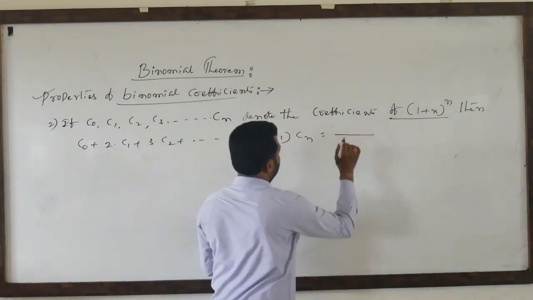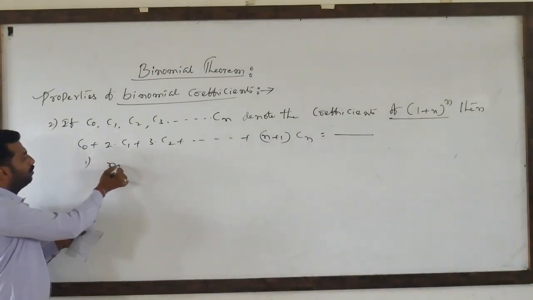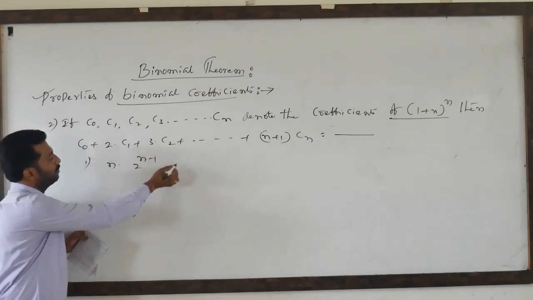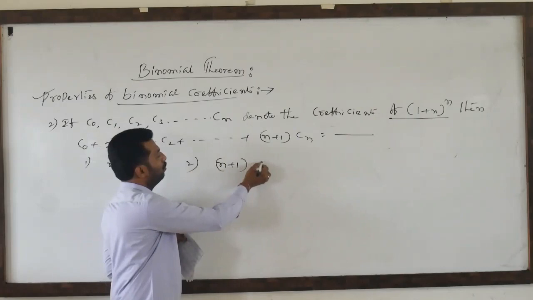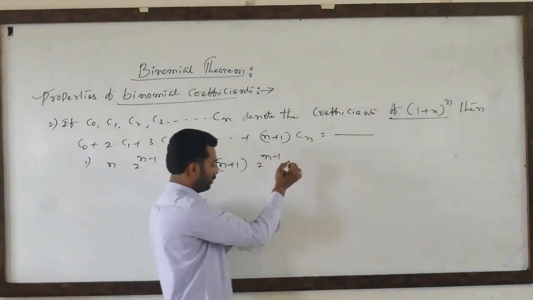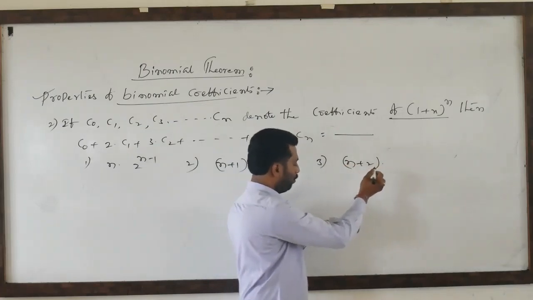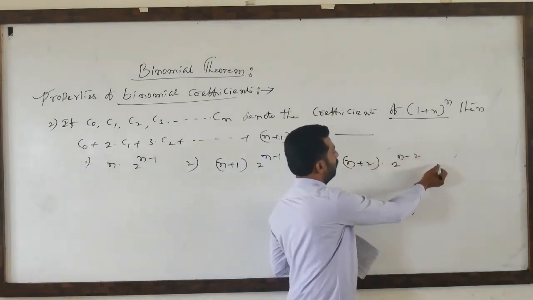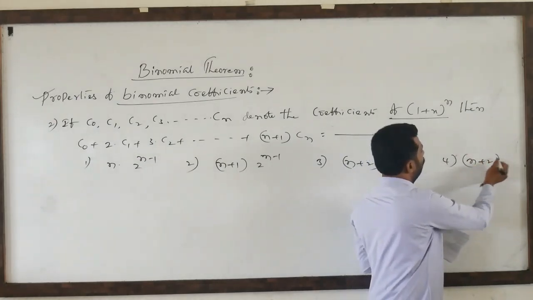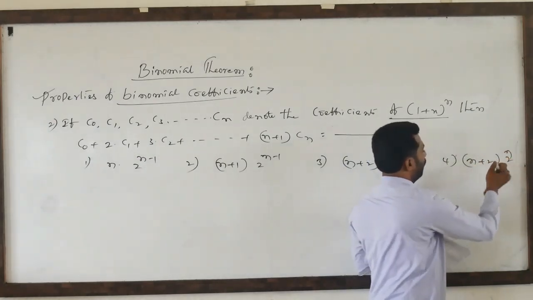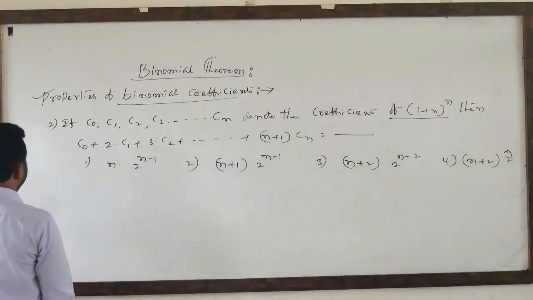The first option is n into 2 to the power n minus 1. The second option is n plus 1 into 2 to the power n minus 1. The third option is n plus 2 into 2 to the power n minus 2. The fourth option is n plus 2 into 2 to the power n. Which one is the correct option? We have to guess.